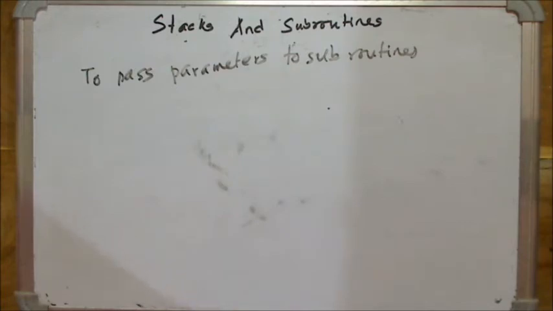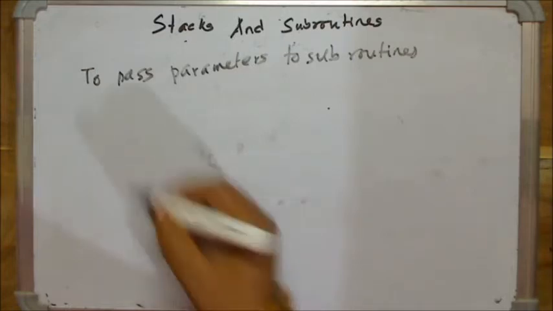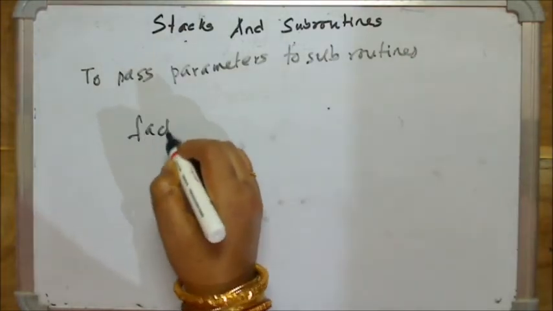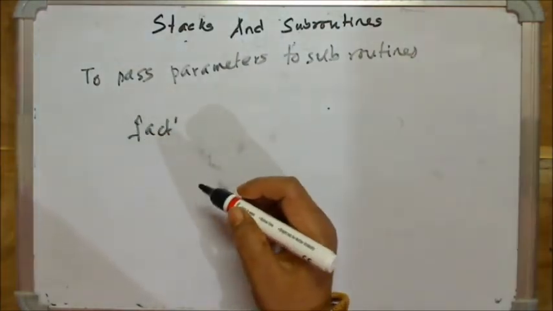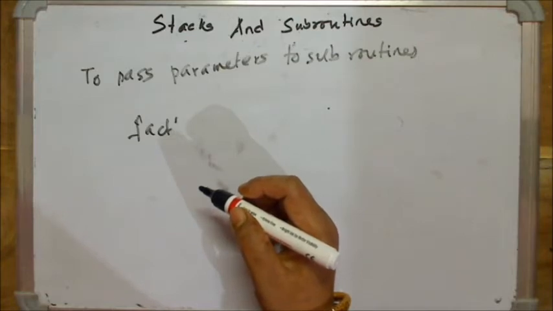You have written a function in C programming, right? To find the factorial, you have already learned how to find the factorial in C programming. Now this is your whole program. You have made a function by the name fact.